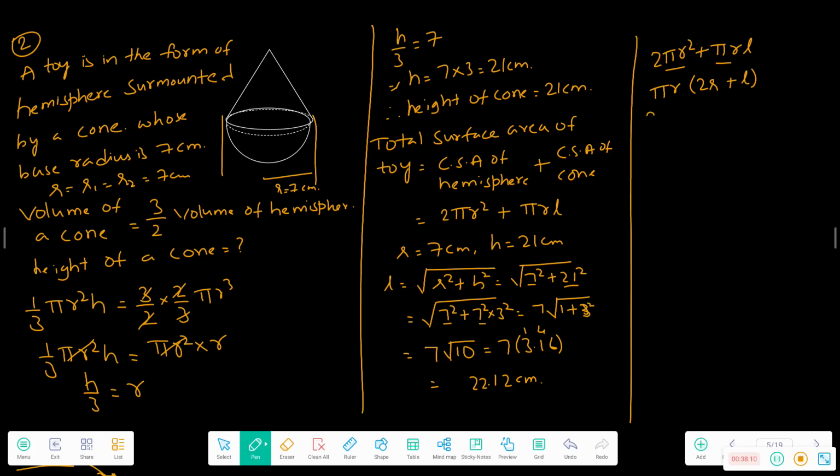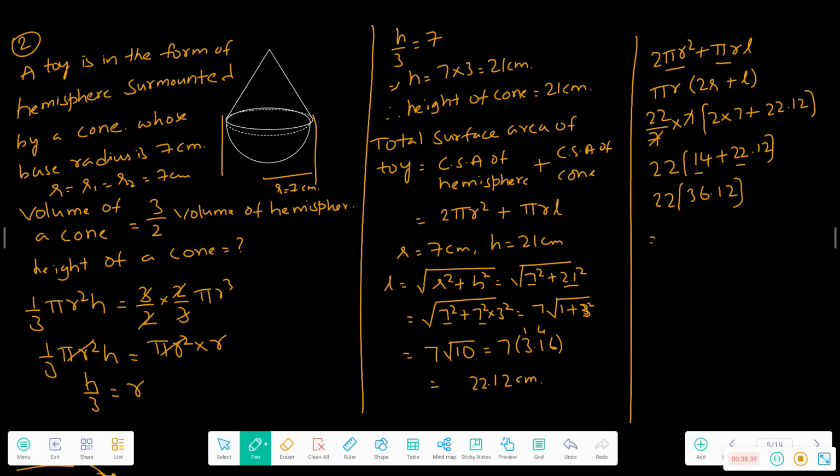So pi r is 22 by 7, into 7 times 2 into 7 plus l value 22.12. 7 gets cancelled, so it is 22 into 14 plus 22.12, that is 22 into 36.12.